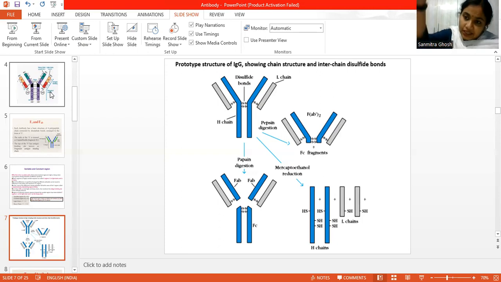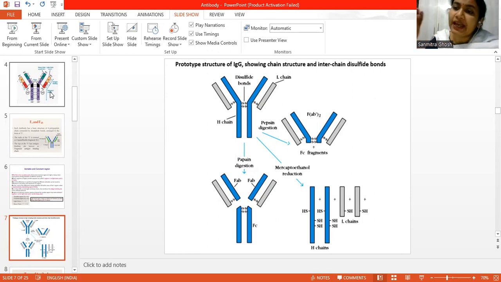So when the gel was run after breaking down the protein into its segments, we had 2 bands identically at one position and another band at a different position. So from here we got an idea after the papain digestion that there are 2 identical components and 1 different component. And these 2 identical components are the parts of the Fab arm. That means there are 2 Fab arms present and 1 Fc region.